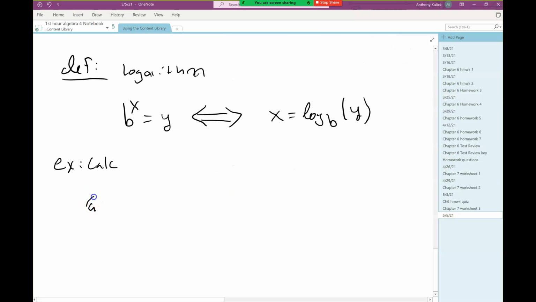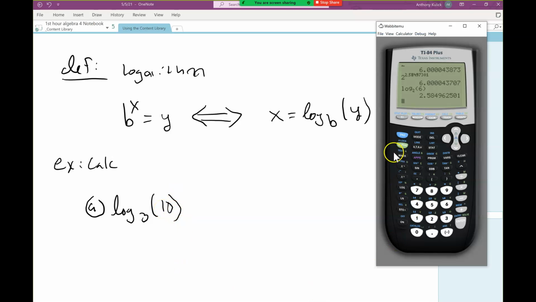So if I wanted to do in my calculator log base 3 of 10, I can press the math button, go down and select my log base option, type a 3 in my subscript, a 10 in my argument, and press enter.